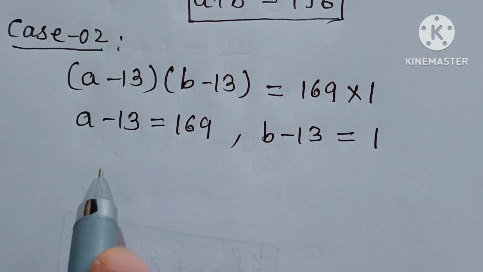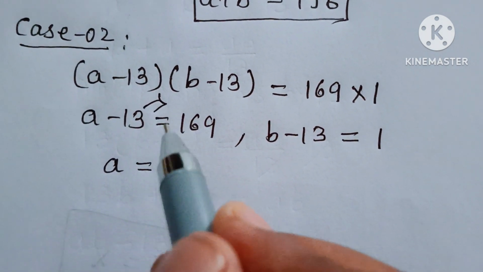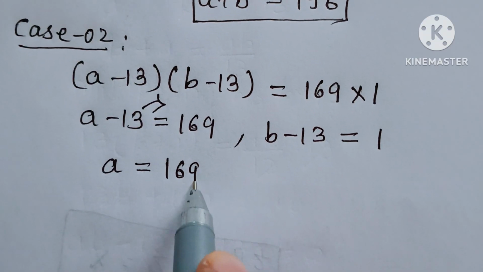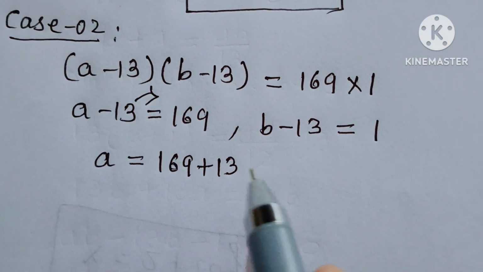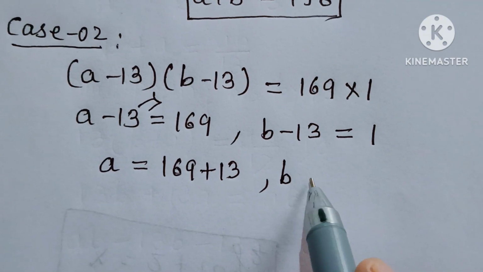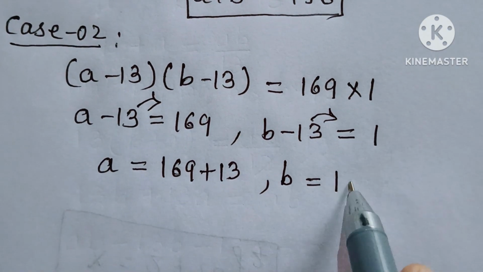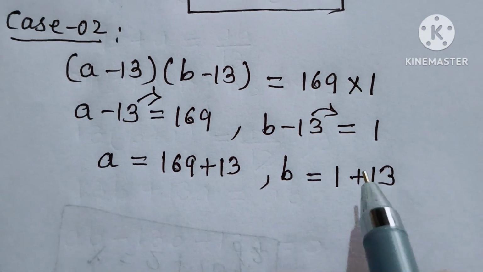Now A equal to 169 plus 13, B equal to 1 plus 13.